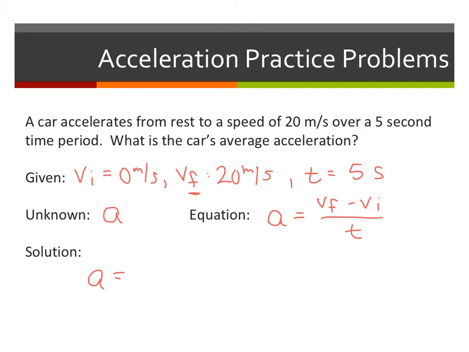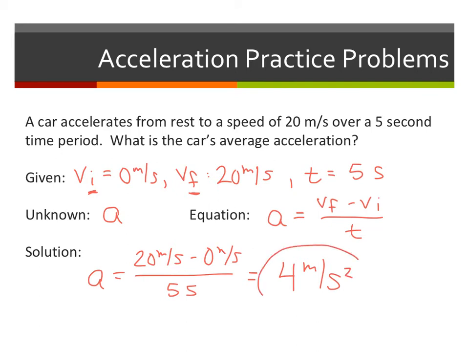That's why it's important that you label which one's final and which one's initial. 20 meters per second minus 0 meters per second divided by 5 seconds. So 20 minus 0 is 20, and 20 divided by 5 gives us an acceleration of 4 meters per second squared.